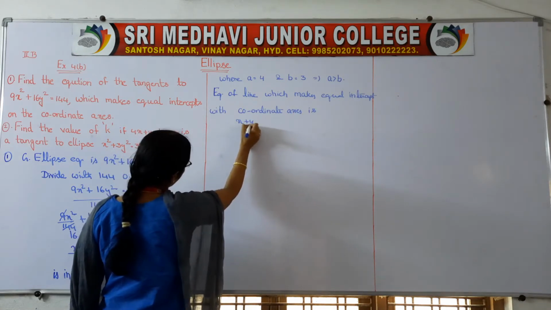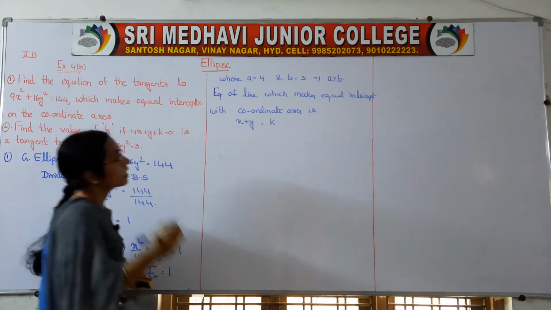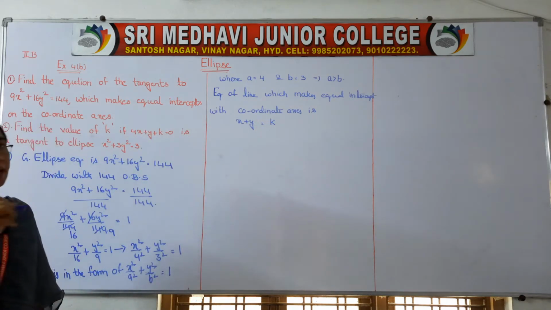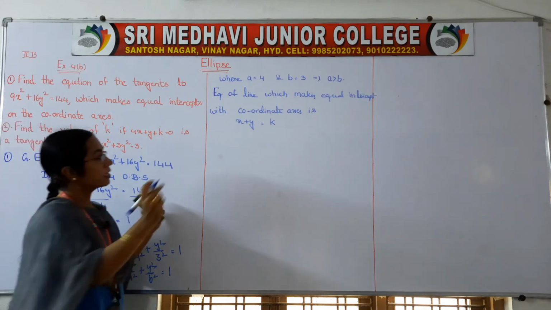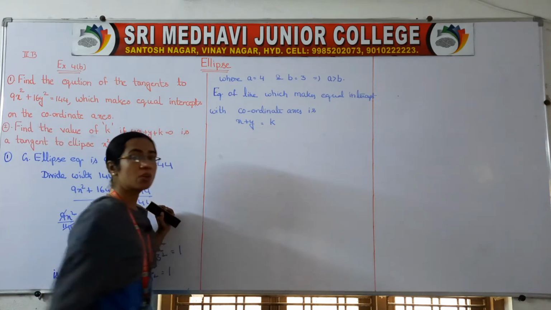It is the standard form: any line which makes equal intercepts with the coordinate axis. Coordinate axis means x axis and y axis. It is x plus y is equal to k.